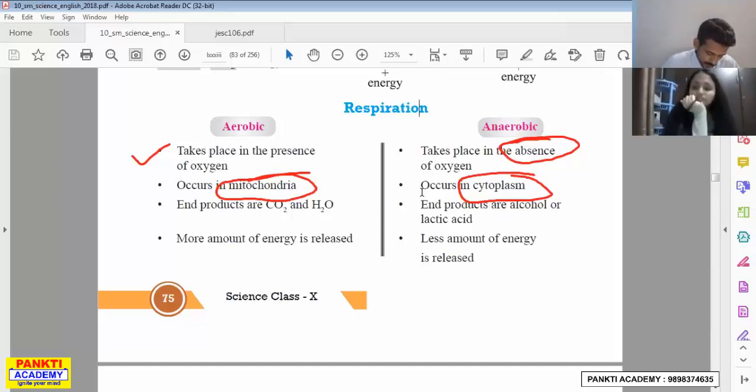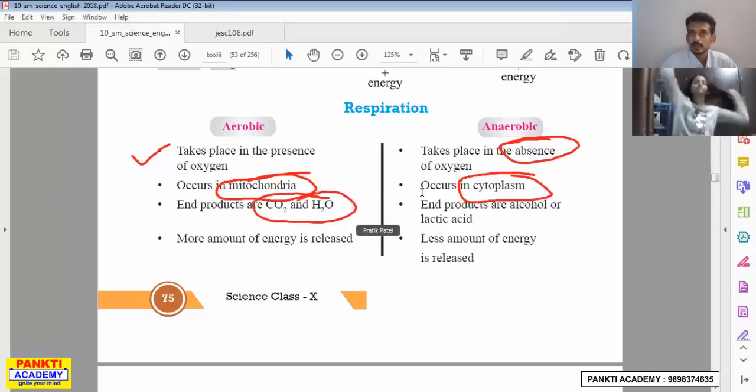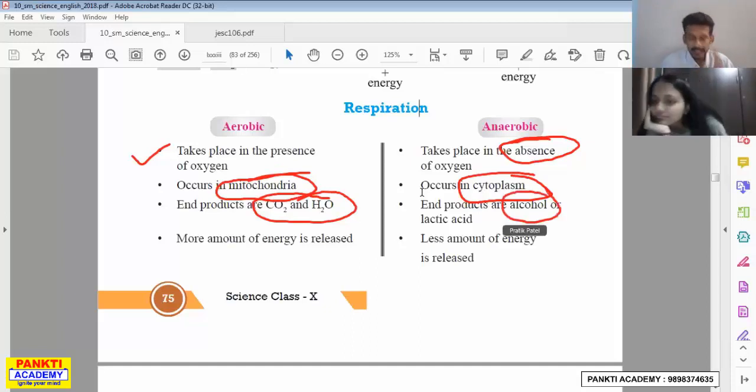Their end products: in aerobic, CO2 and H2O, meaning carbon dioxide and water. In anaerobic, in one case you get alcohol, ethanol, one type of alcohol, and in another case you get lactic acid. These are the two products in anaerobic respiration.